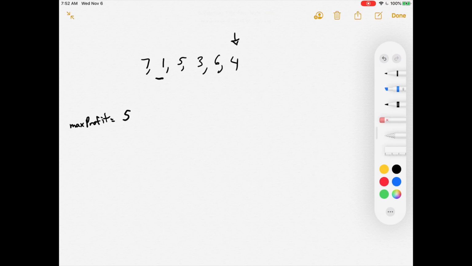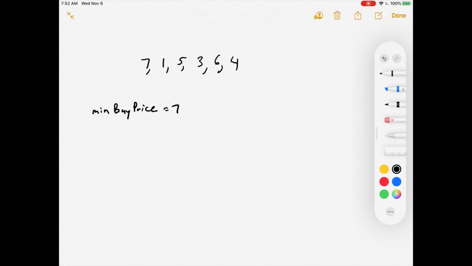All right, just to show it one more way, we look at the first number and we say, is this the min? Well, we haven't seen any other elements so far, so we'll just say sure. For now, let's call it the buy price. Min buy price is $7.